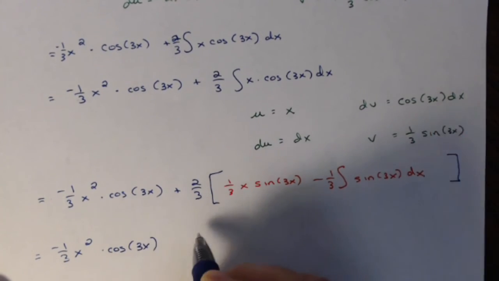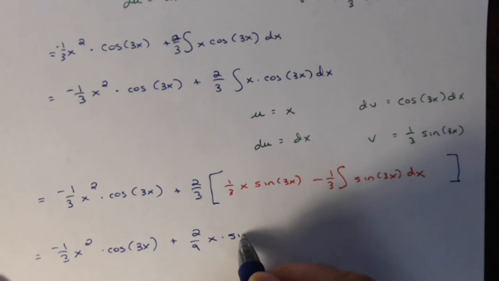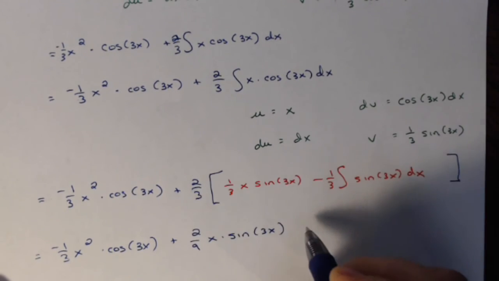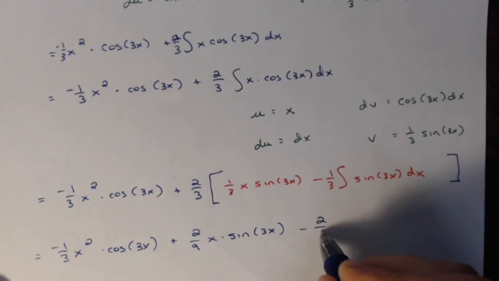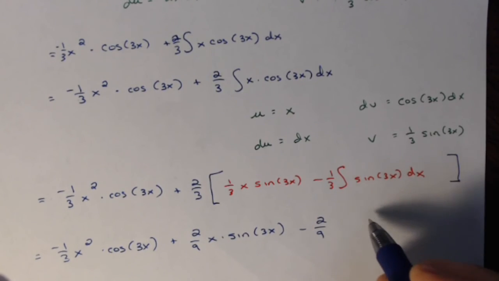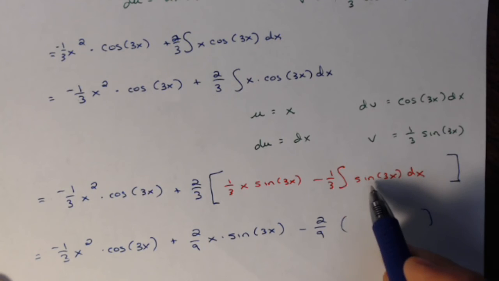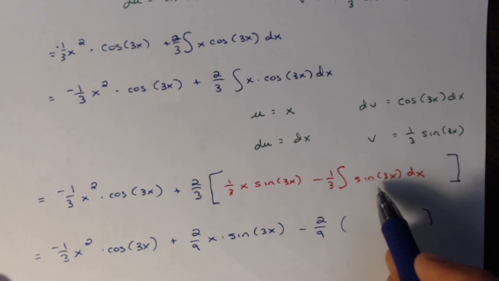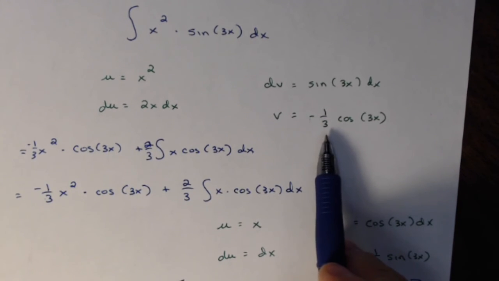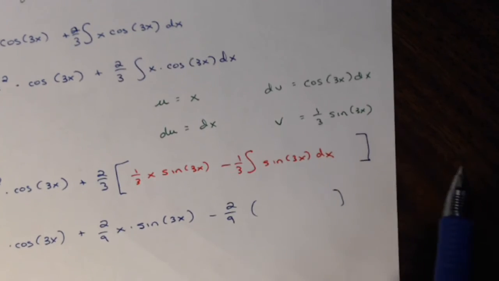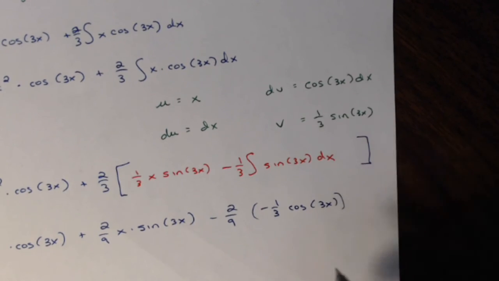So minus 2/9 x times the sine of 3x minus 2/9, and then we have this integral to evaluate. So what's the integral of the sine of 3x? Well, if we don't feel like thinking a whole lot, we just did it up here already, which is the -1/3 cosine of 3x.